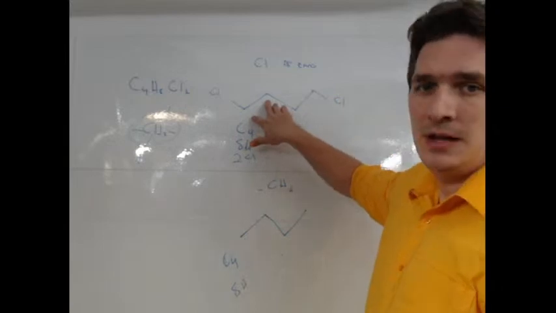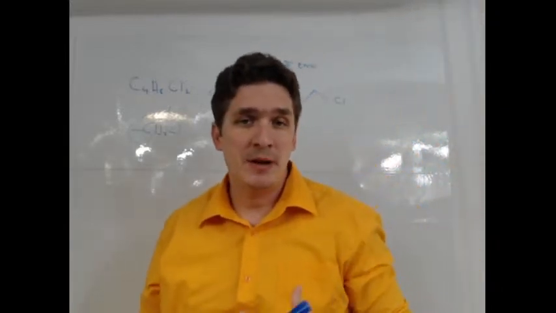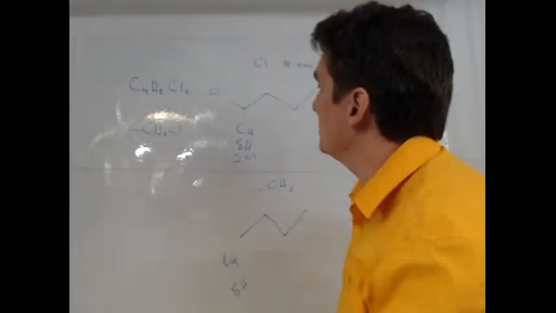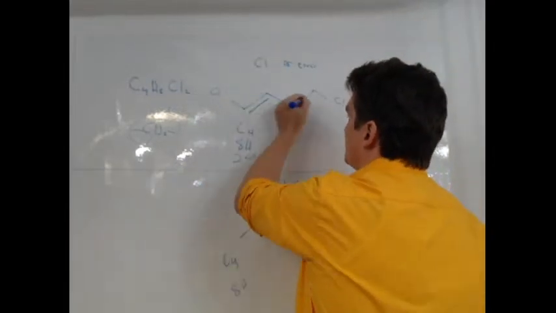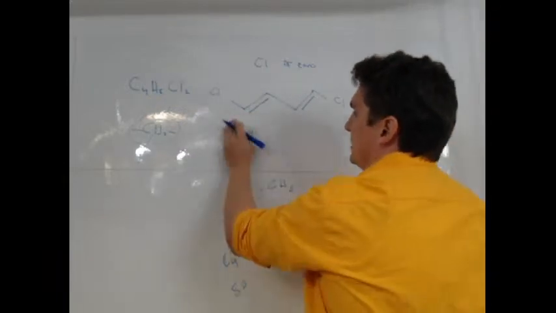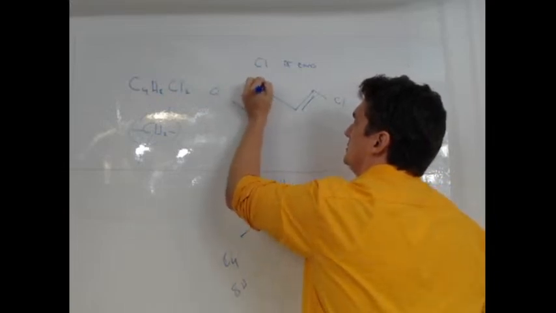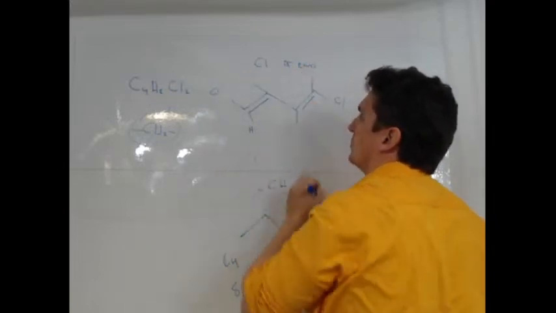Now, in order to get rid of these methylene groups, these extra H's, we basically need to put double bonds into the molecule. So as a first pass, let me get rid of the 2 hydrogens that are there and the 2 hydrogens that are there. So if I do this, I've got 1 hydrogen, 2, 3, 4.